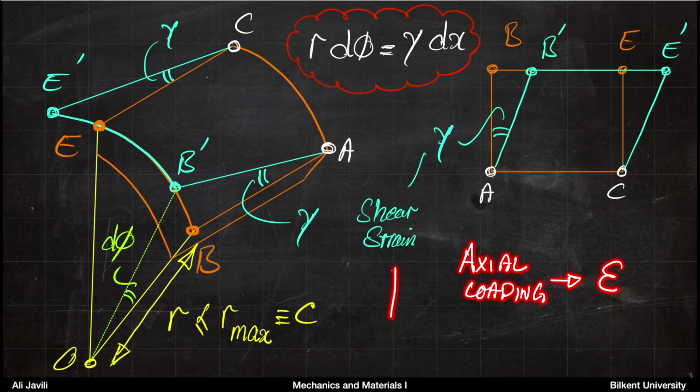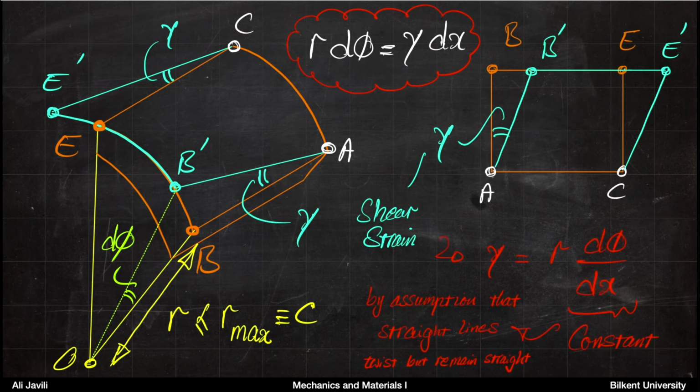But for torsion, the type of strain is shear strain, gamma. If you reorder the relation we just had, gamma, the shear strain, is equal to r d phi over dx.